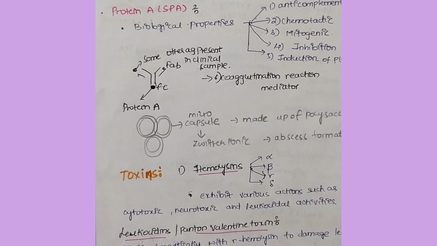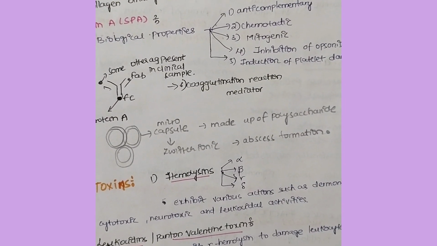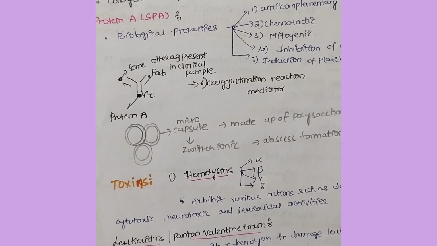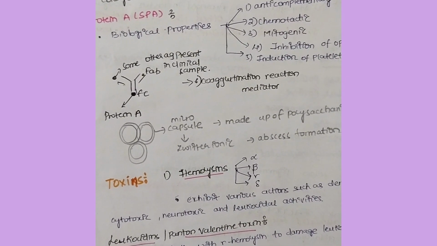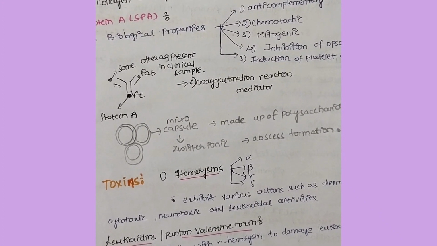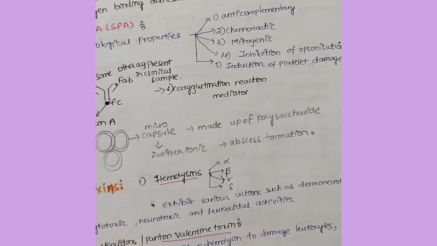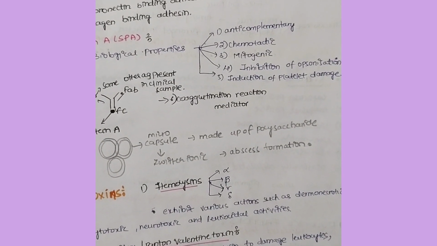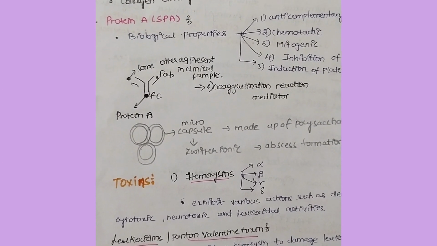Protein A, which is SPA, has biological properties like being anti-complementary, so the complement system can't act due to the presence of protein A. It is also chemotactic, mitogenic, inhibits opsonization, as we saw with teichoic acid, and induces platelet damage. What happens due to this protein A?